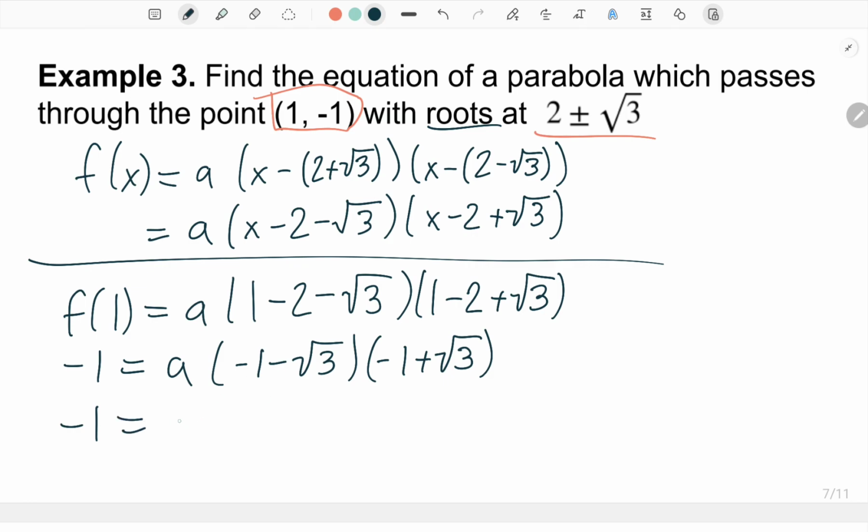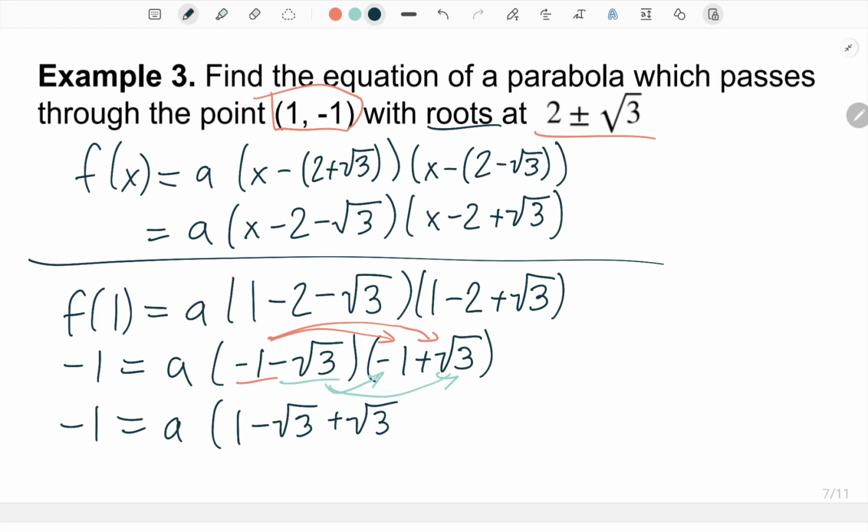So we're going to have a times, well, negative 1 times negative 1 is 1. And then we have negative root 3. Starting with the negative root 3 times negative 1, that's going to be positive root 3.